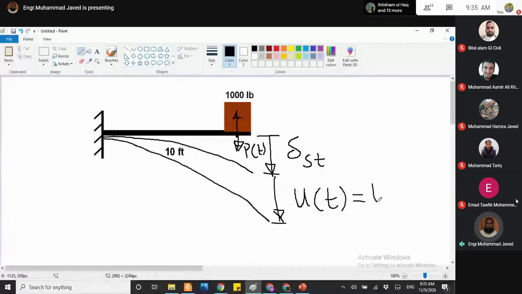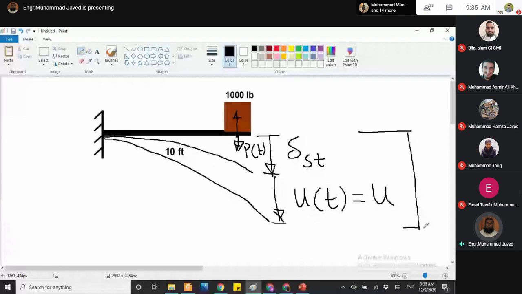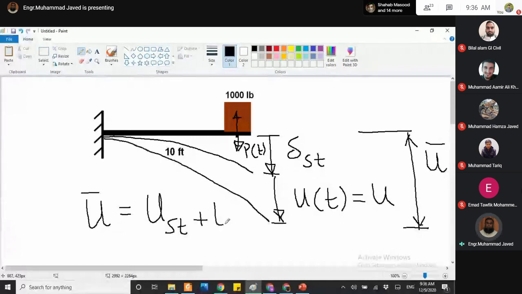Since we are studying a dynamic analysis course, u means u of t. And so the total deflection at any instant of time, represented by u bar, will be equal to deflection due to static load plus deflection due to dynamic load.